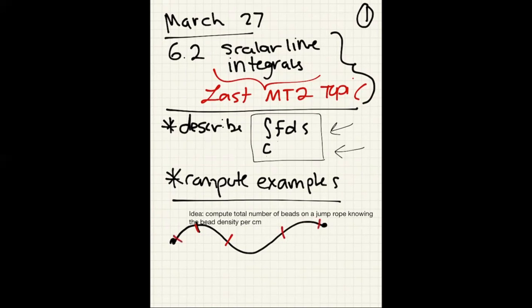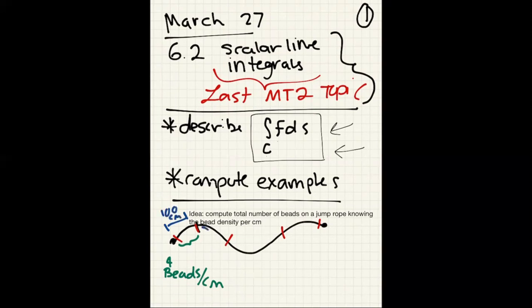Let's say that in this interval I have about 4 beads per centimeter, and that first line segment has length, let's say, 100 centimeters.